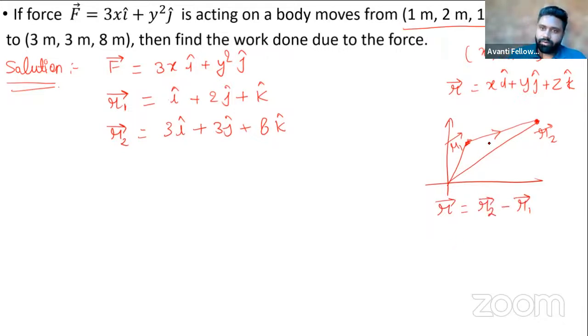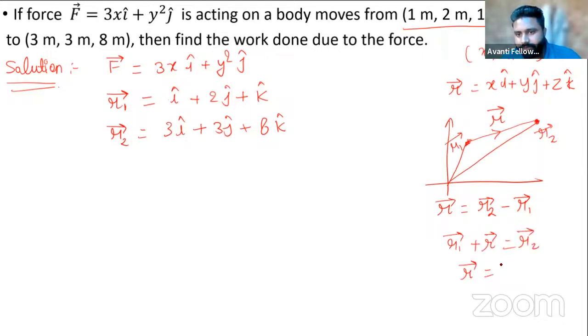Okay, got it? This is the r vector. You can apply the triangle law of vector addition over here. So r1 vector plus r vector equals r2 vector. From that you can say this r vector is nothing but r2 vector minus r1 vector.